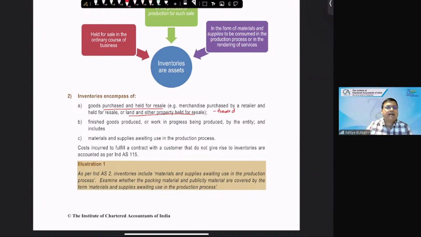It will be packed in some material and given. That packing is going to be your primary packing material. It will be your inventory. But posters or publicity, cups, are not going to be your saleable items. These are not essential to bring your inventory to a saleable condition.